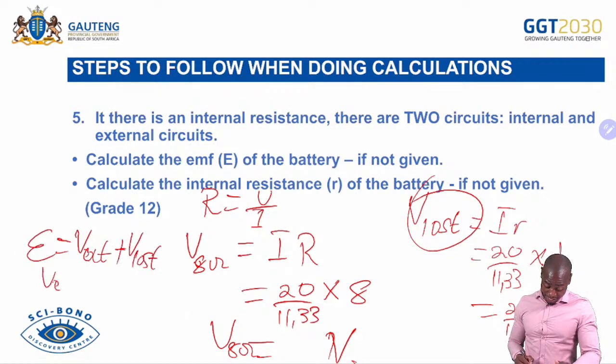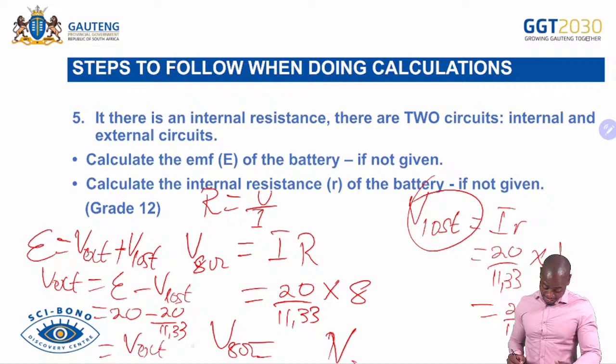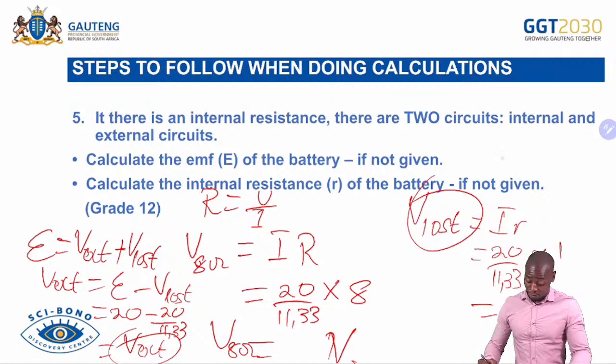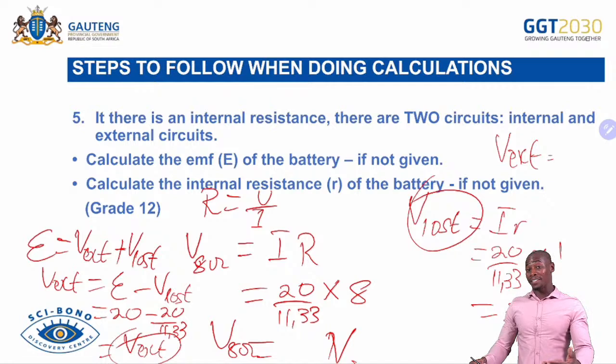Then your V external will be E minus V lost. So E, remember, is 20. V lost will be 20 over 11.33. Then you will get V external. Then after getting your V external, although it is a long method, remember these resistors, we have resistors connected in series and resistors connected in parallel.